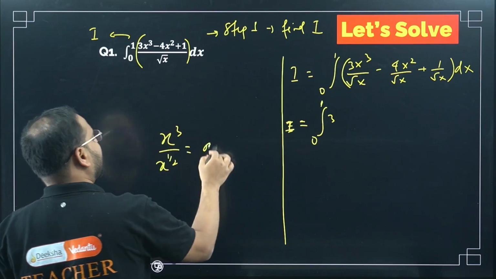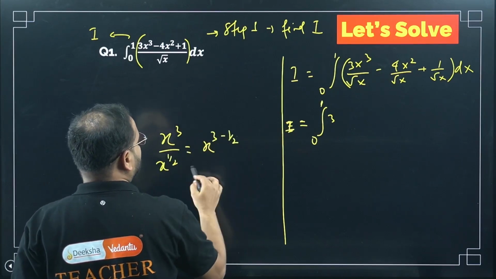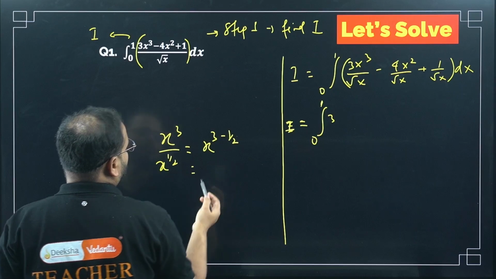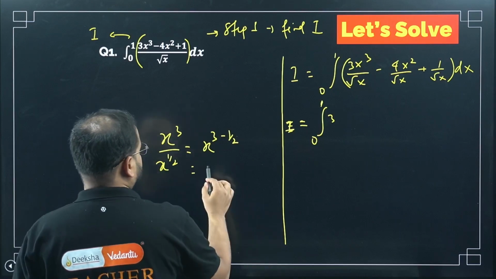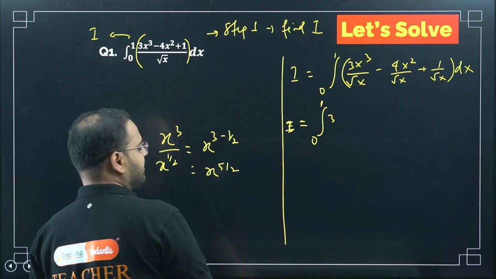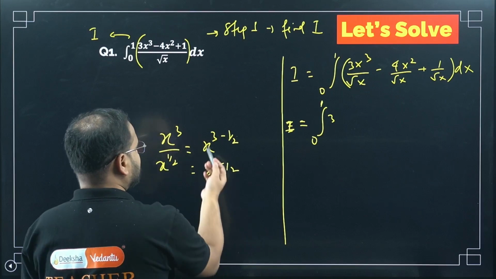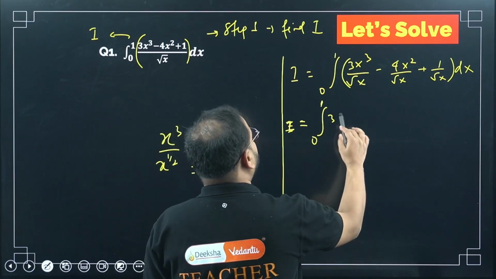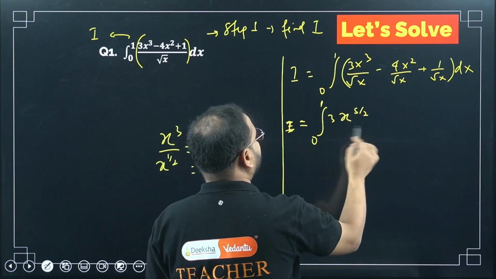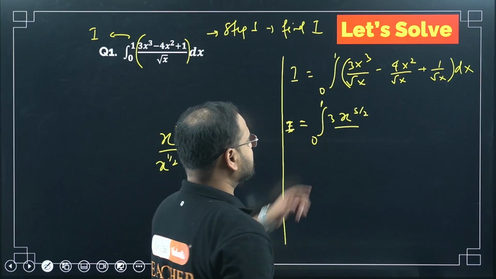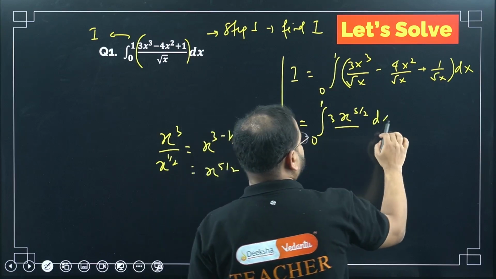So x power 3 minus 1 by 2, that is 6 minus 1 by 2, which is x power 5 by 2. Yes or no? Please check. This will become x power 5 by 2, because root x is gone now. I'll write with dx.